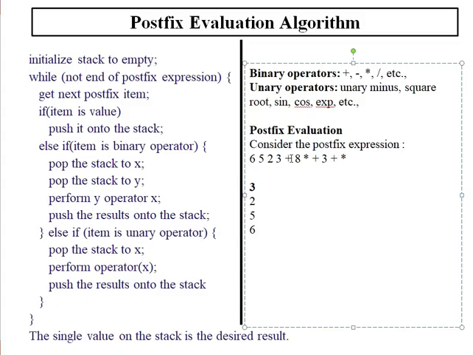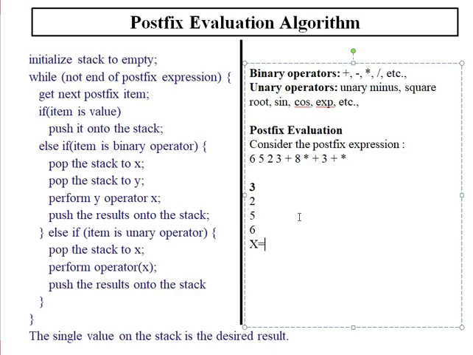The next is plus. This plus is the binary operation. So what we should do is, if it is binary operation, we should pop two numbers from the stack and assign on a variable x.